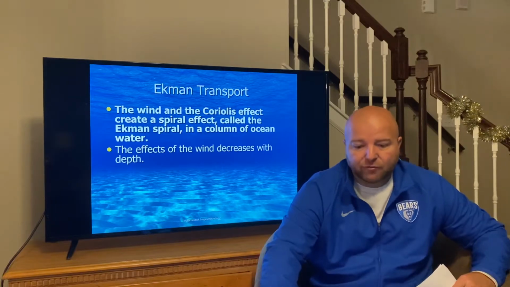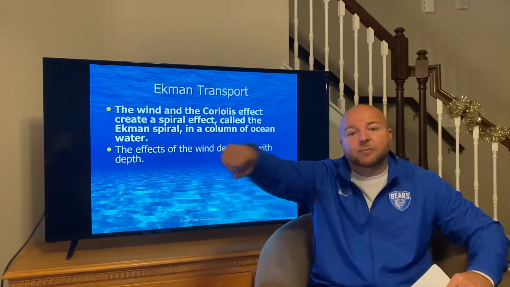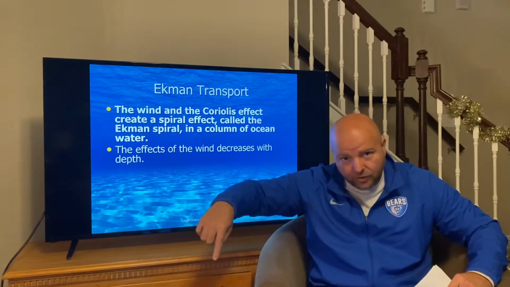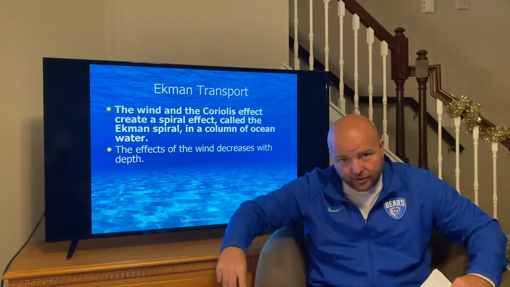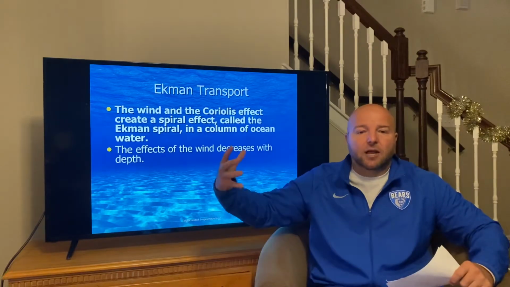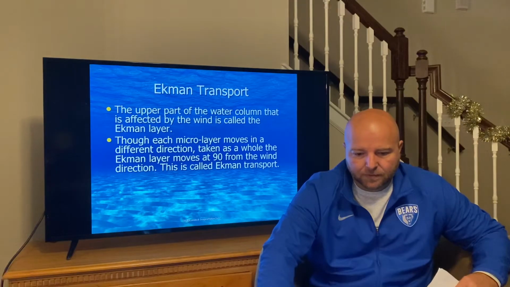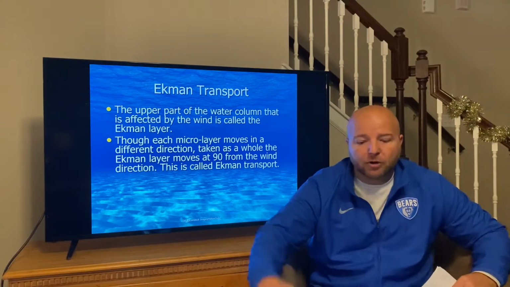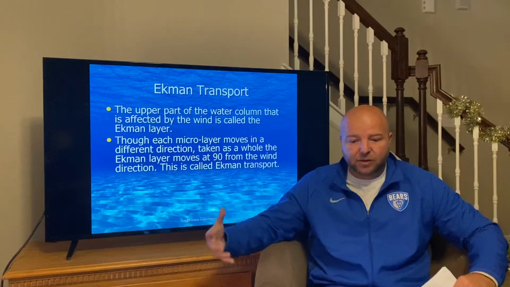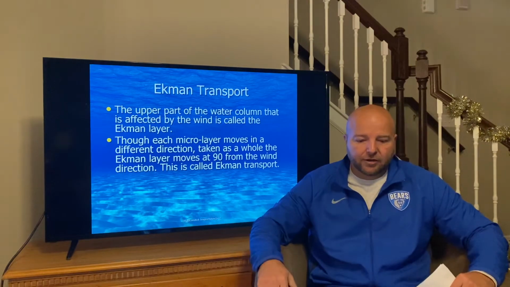And as you go farther down, the effect of the wind decreases. So the top part is spiraling more, and then the lower layers are spiraling a little less, and then underneath even a little bit less. And so the greatest impact is at the top, and then less as you go farther down. So the upper part of the water that's the most affected by the wind is called the Ekman layer.